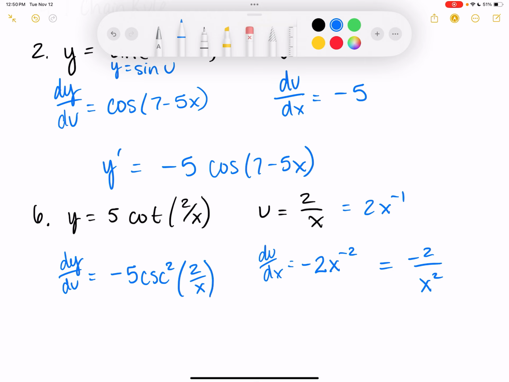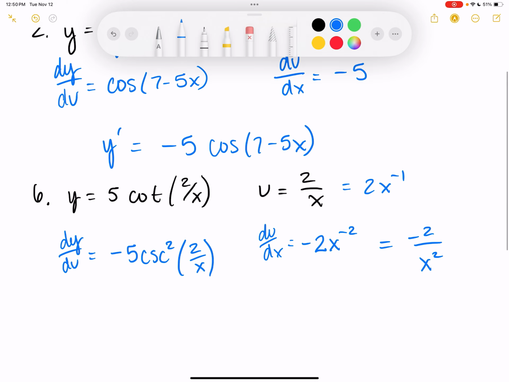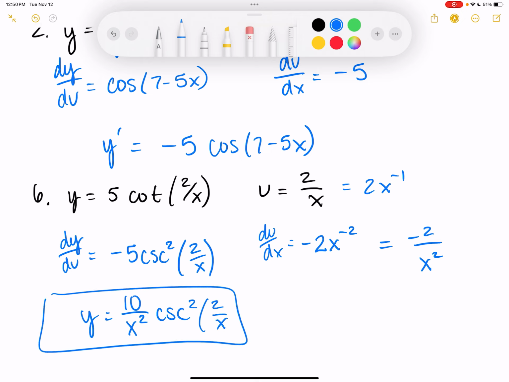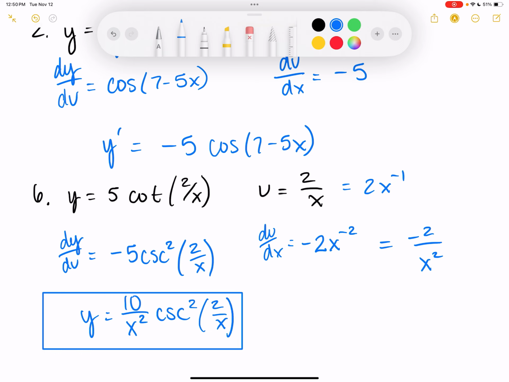Then I multiply these things times each other. Negative 5 times the negative 2 over x squared is just going to be 10 over x squared times the cosecant squared of 2 over x. You're missing the prime on your y. I also left the parentheses off.